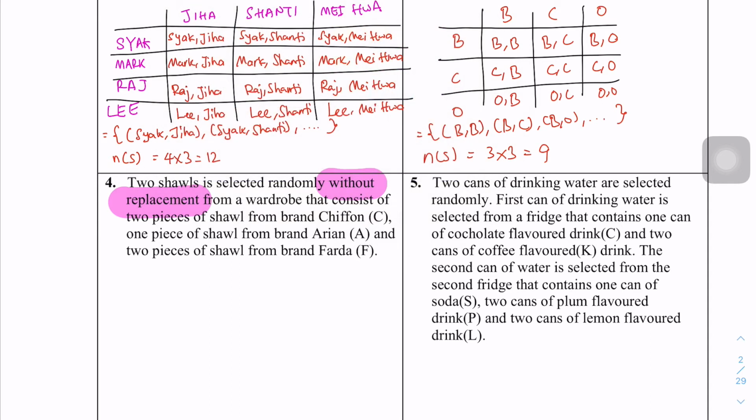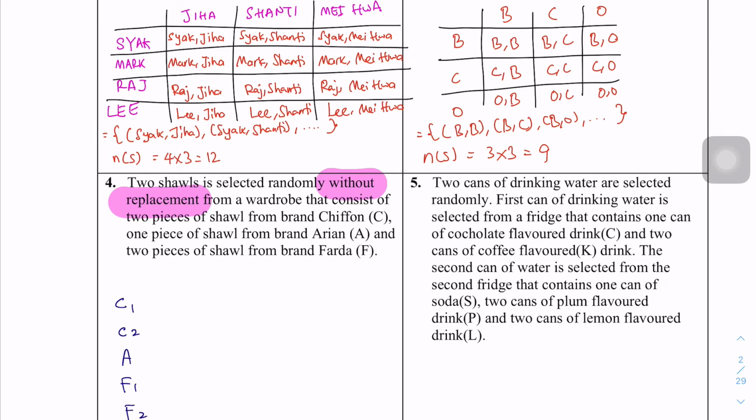So we have 2 pieces from chiffon, right? So we have C1, C2, and then 1 piece Ariane, so only A, and then 2 pieces of Farda, so F1, F2.